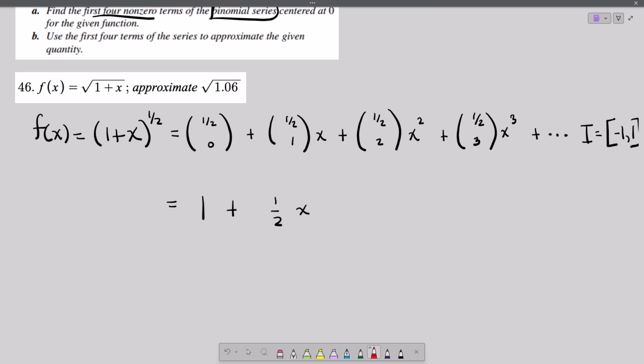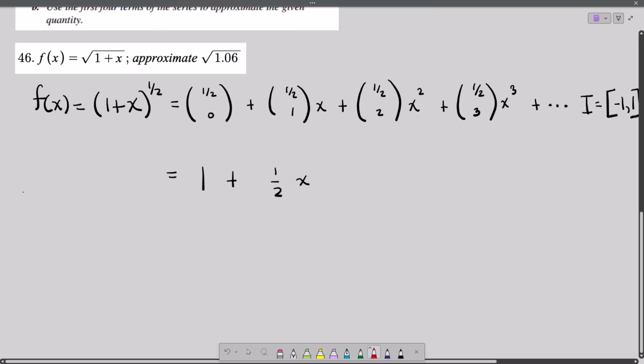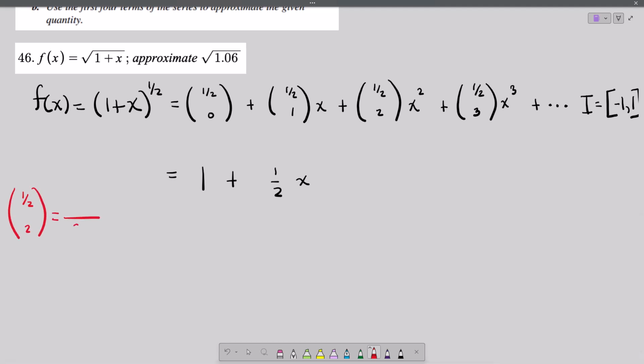So let's come off to the side and do 1/2 choose 2. The denominator is 2 factorial. The numerator starts as 1/2. And then we start subtracting 1. We do repeated subtraction of 1.